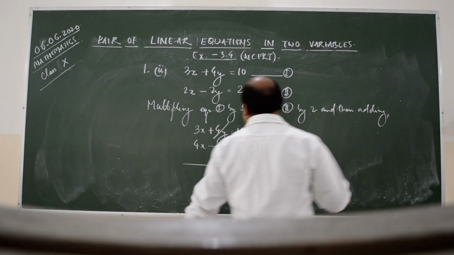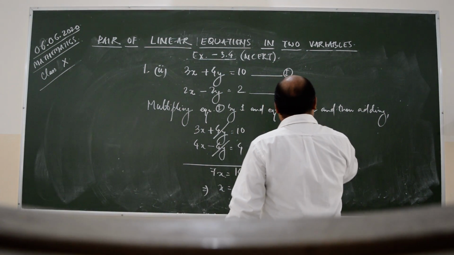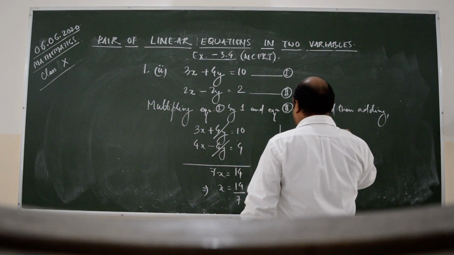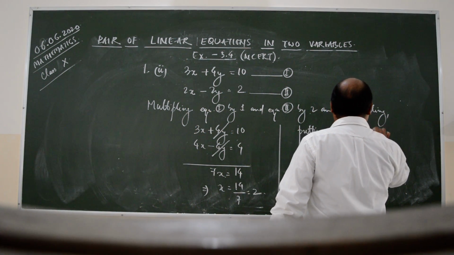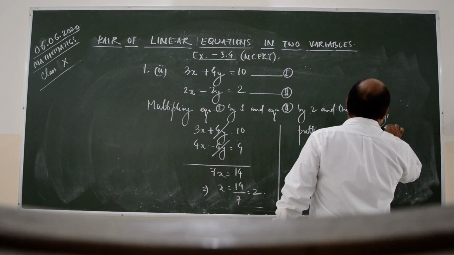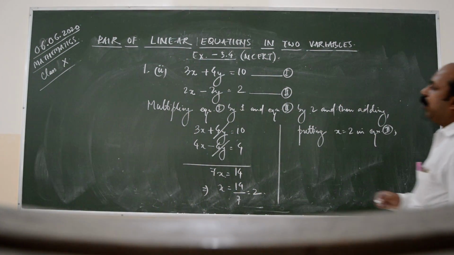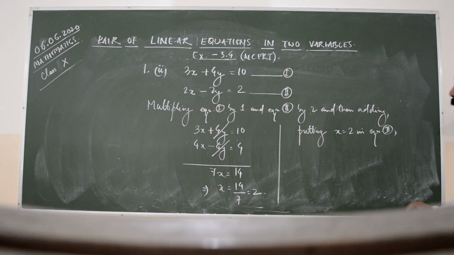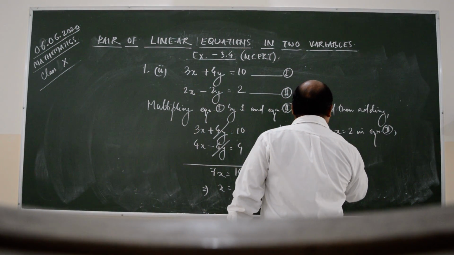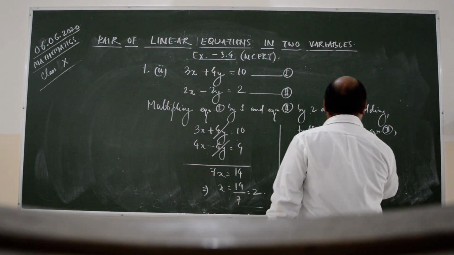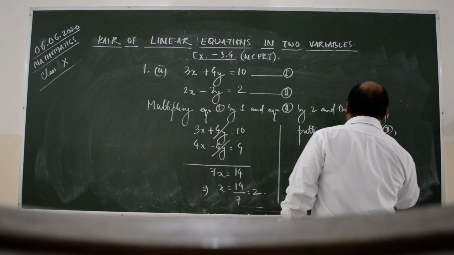So in order to find the value of y, we are putting x is equal to 2 in equation 2. It doesn't make any difference whether you are putting the value in equation 1 or in equation 2. So here we are putting it in equation 2. So 2 into 2 minus 2y is equal to 2.